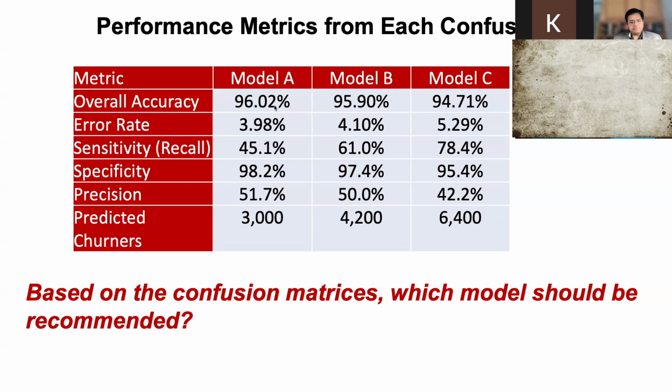Others? I don't think there actually is one that is the optimal choice necessarily. It's more like a trade-off, because if you look at the predicted churners, Model C has more than twice as many predicted churners as Model A. So there's definitely going to be many false positives as well, and we are on a budget.